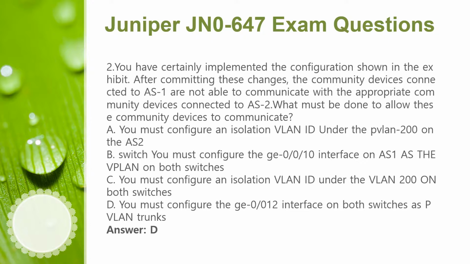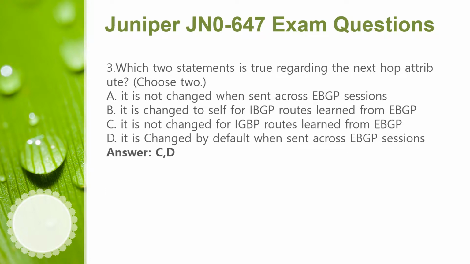C. You must configure an isolation VLAN ID under the VLAN 200 on both switches. D. You must configure the ge-0/0/12 interface on both switches as PVLAN trunks. Answer: D.